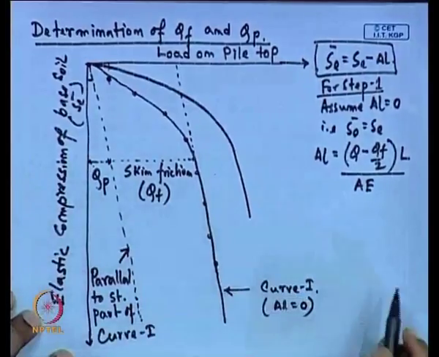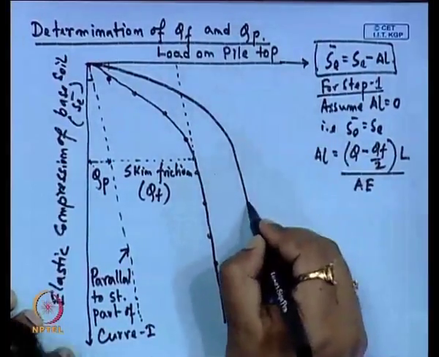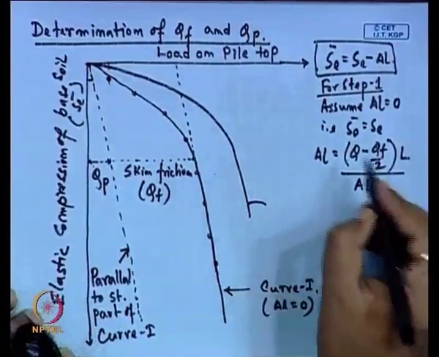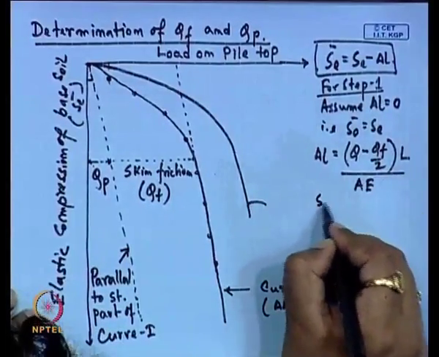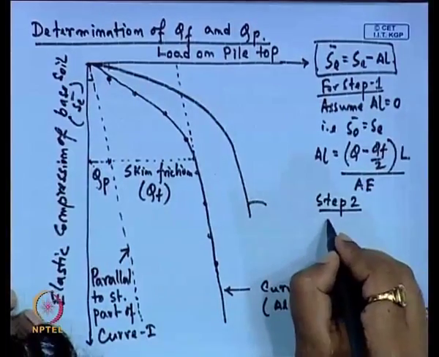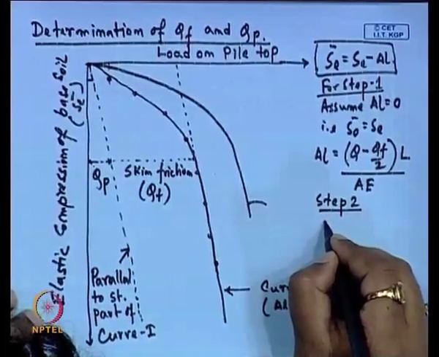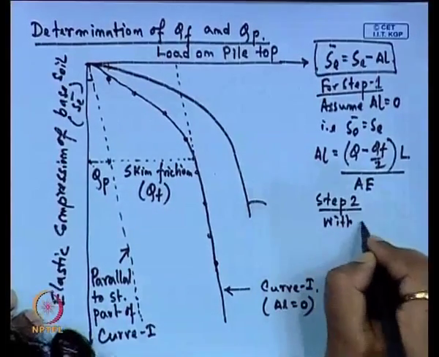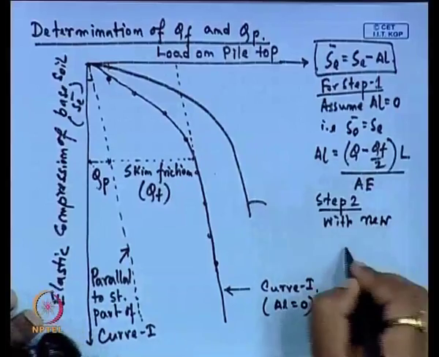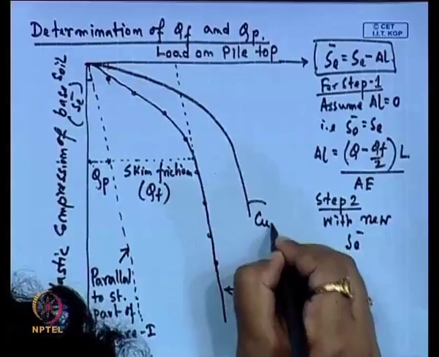Suppose this curve is the new AC bar, this is our step 2, where we calculate the new AC with new AC bar. So, this is say curve 2.